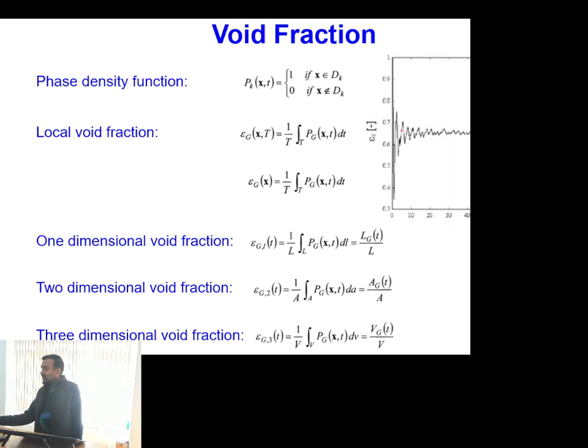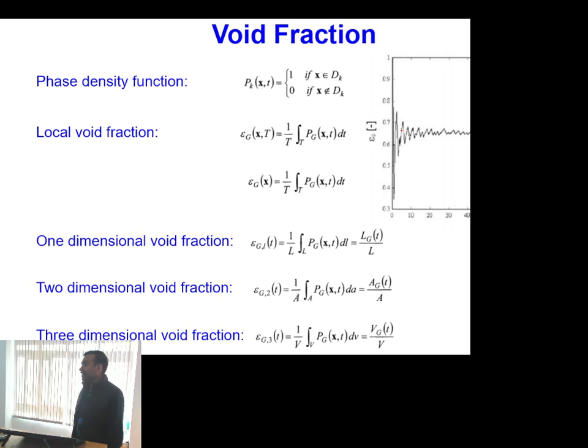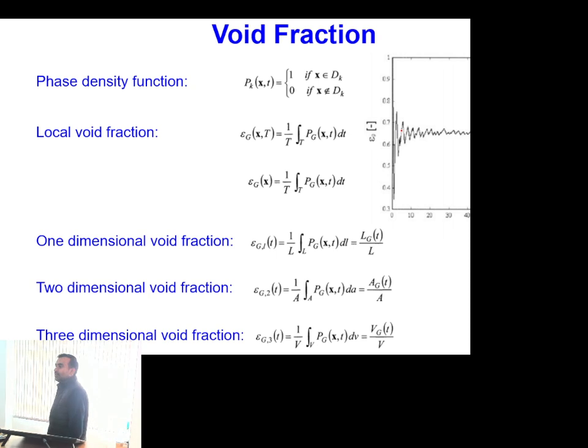Whenever we have to do experiments, what do we need to do? We need to analyze some quantities. In case of multi-phase flow, the very fundamental quantity which we need to analyze is called void fraction. Are all clear with this point?